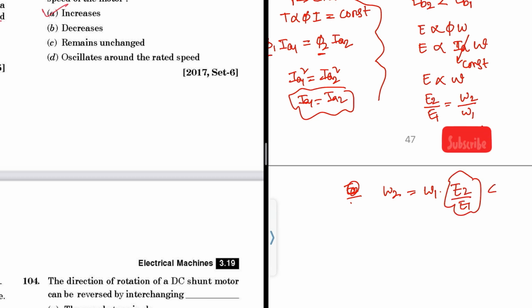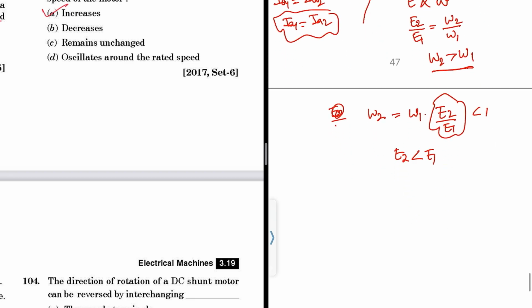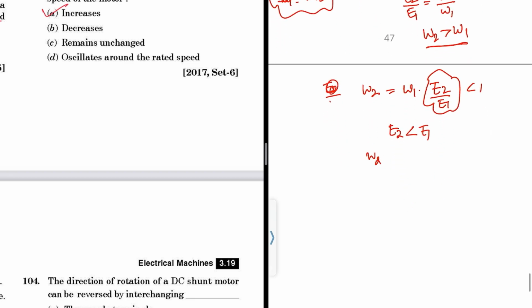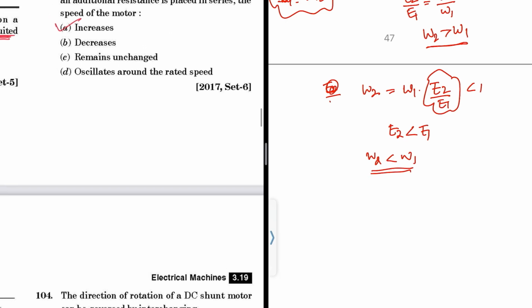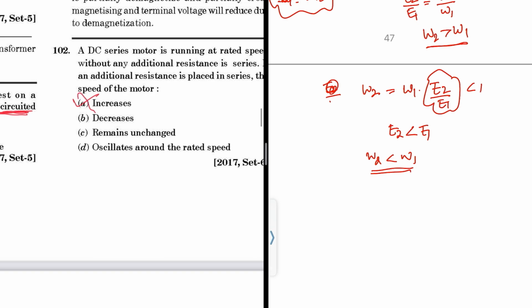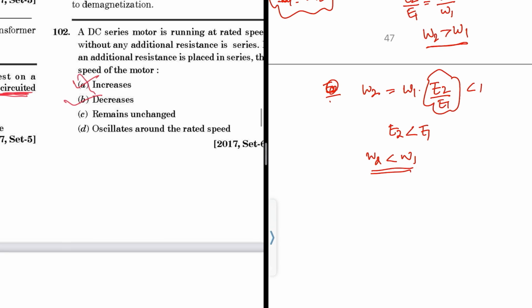This term is less than 1 because E2 is less than E1. So omega2 is less than omega1. The speed is going to reduce, it is not going to increase. So the answer will be B.